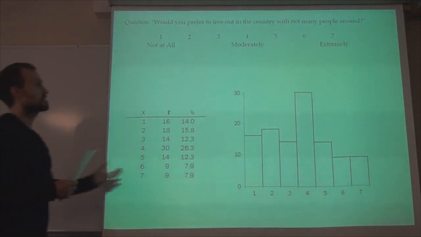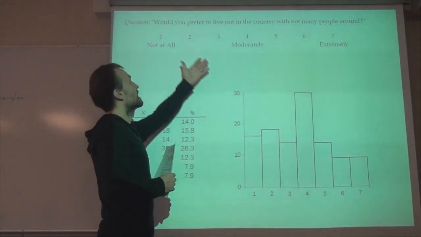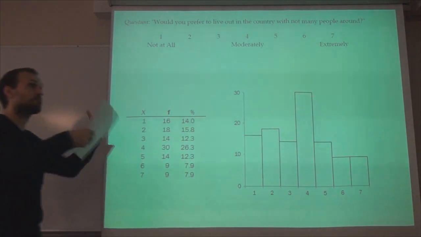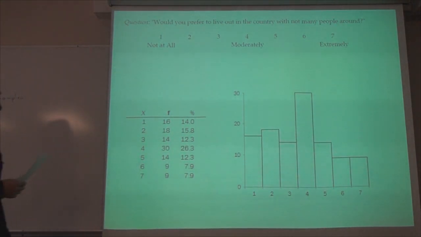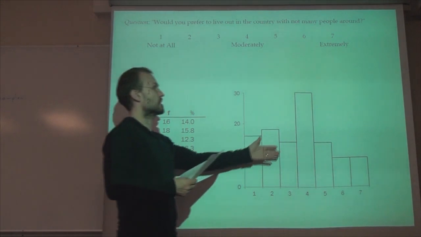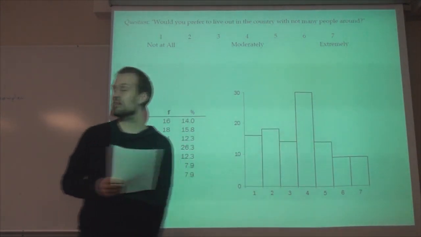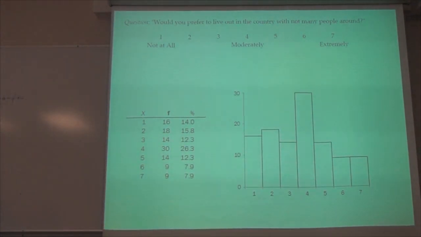And you can easily conclude that in the sample of people that were surveyed, the result that came up more often is the one where they don't have strong feelings either way.